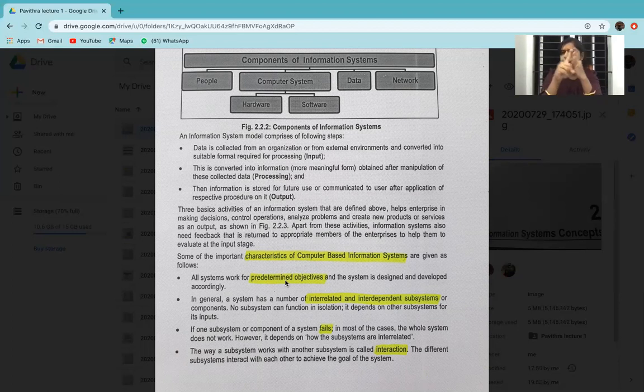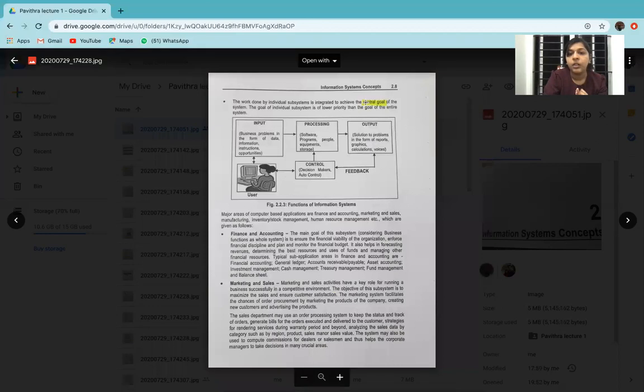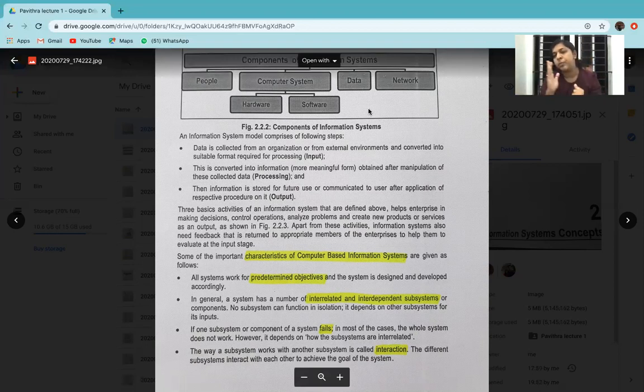If one subsystem is going to fail, it is going to affect the entire subsystem and the suprasystem, and they interact with each other. All the subsystems work for the central goal. These are the characteristics of a computer-based information system.